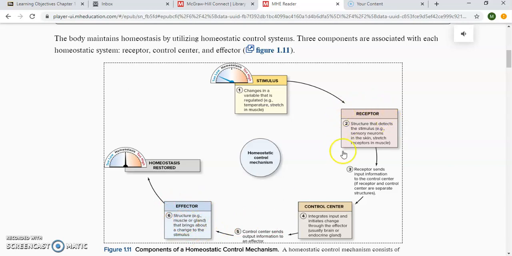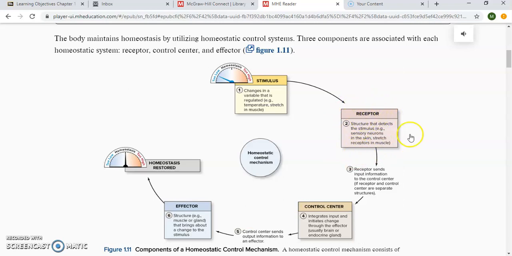I'll give you examples, but generally, if we want to define what the receptor does in a control system for homeostasis, it's going to detect a change in whatever parameter. It may detect a change in the body temperature, the blood pressure, the heart rate, or the sugar levels in the blood. That's what it's doing. It's detecting some sort of change.